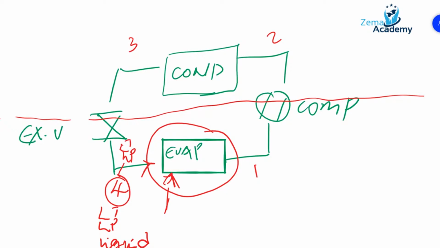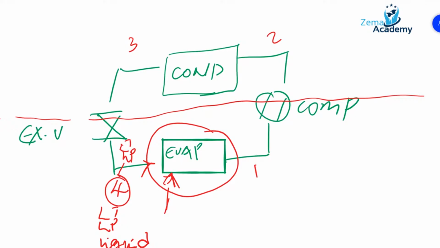As it travels through the heat exchanger, the evaporator, the refrigerant boils. The advantage of using a refrigerant is it boils at a very, very low temperature.